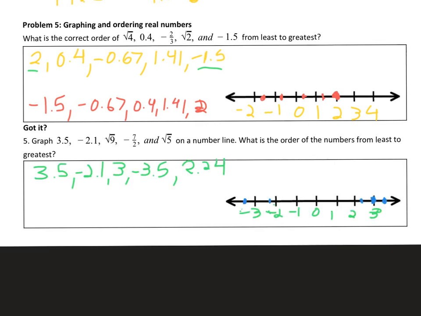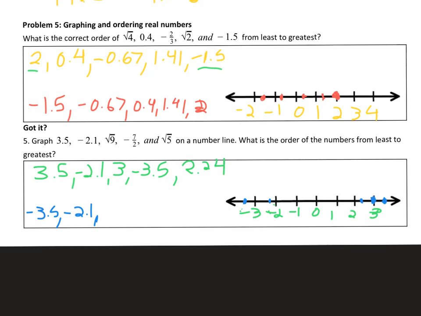All right? Okay, so to explain this, I just rewrote my numbers all as decimals. So I got 3.5, negative 2.1, 3, negative 3.5, and 2.24. So me putting those on that number line, left to right, that allows me to then say negative 3.5, maybe I give myself more space, negative 3.5 is the least, negative 2.1 second place, and then I'm moving to my positive numbers.